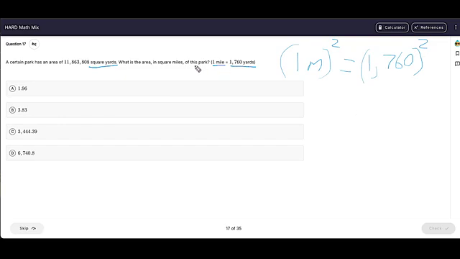So from here, basically, we just need to figure out how many square miles this is by using this conversion rather than this conversion that's not in square miles, right? So ignore that and focus on this instead. And now we can use dimensional analysis to make sure that we're keeping things in the right place.